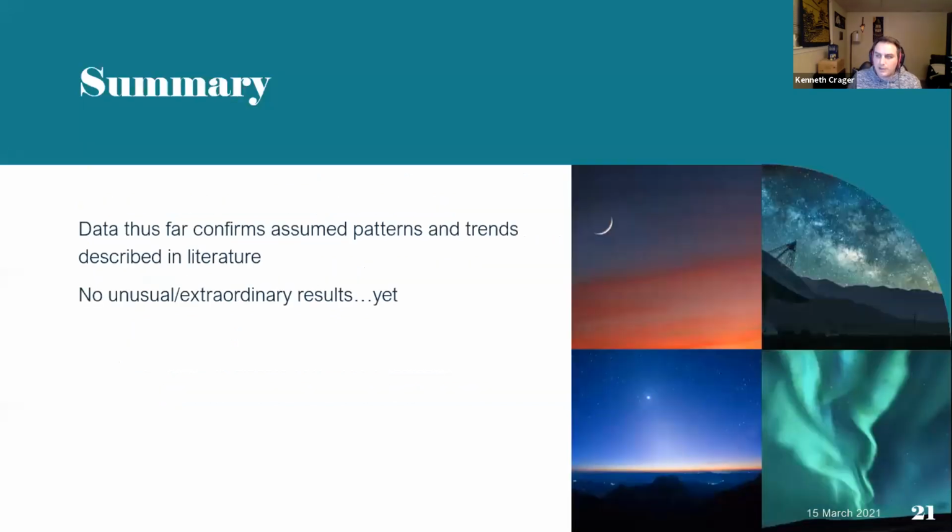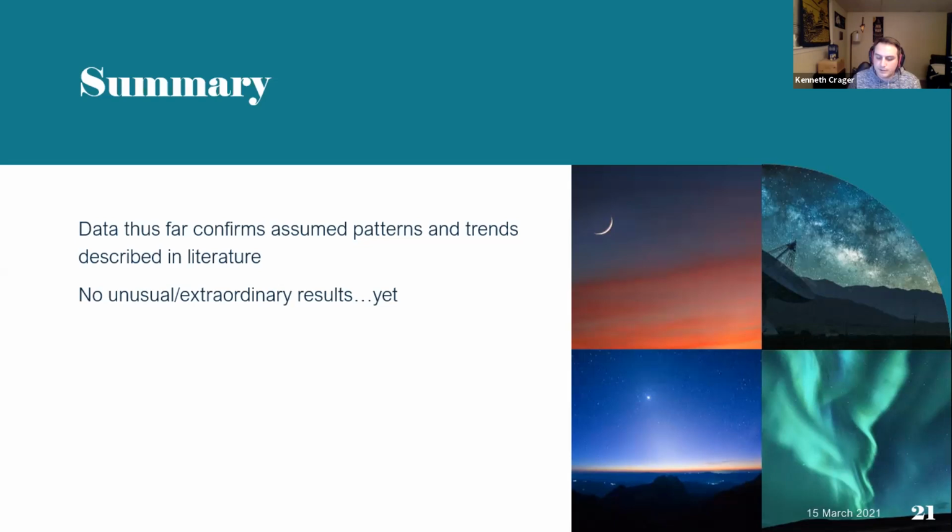So far, haven't seen anything terribly crazy, anything that doesn't really fit the assumed patterns and trends that I've seen in the literature. I didn't really go into depth at all on the literature. Been focusing strictly on wrangling the data and starting the analysis. I've had many discussions with one of the doctoral students.